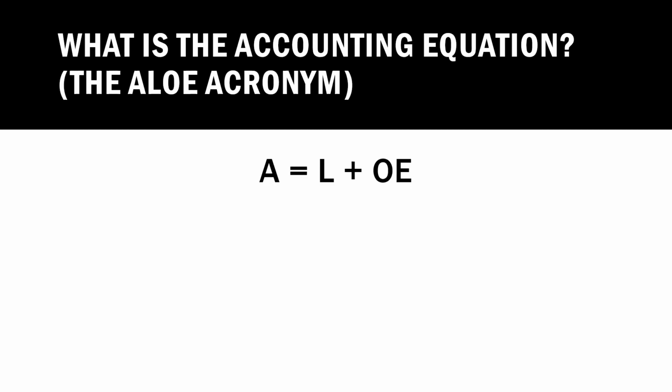It stands for three of these elements that we talked about in the last video, and we have A equals L plus OE. So A, if you recall, is assets, equals liabilities, plus O stands for owner's equity. In the last video, we talked about equity, EQ as equity.